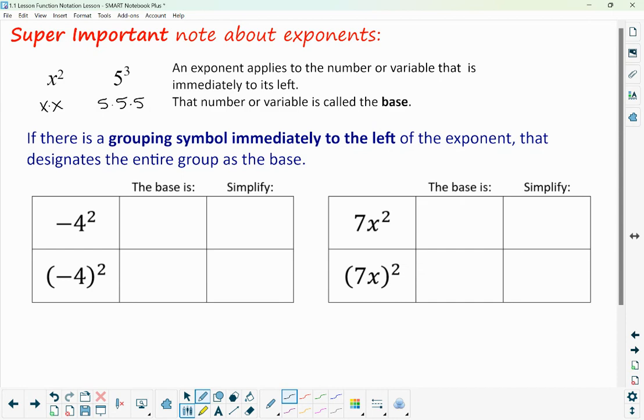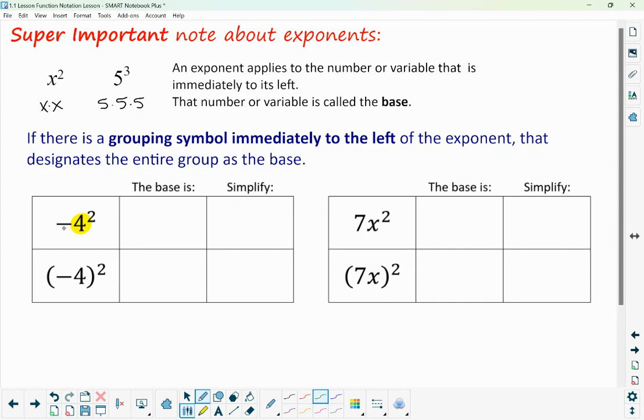People are usually pretty good at understanding that. But sometimes when we have a more complicated base or a grouping symbol, it can start to confuse people, or people can assume a grouping symbol that is not there. The exponent applies to what is immediately to its left. So if the thing immediately to its left is the number 4, the exponent applies to the number 4.